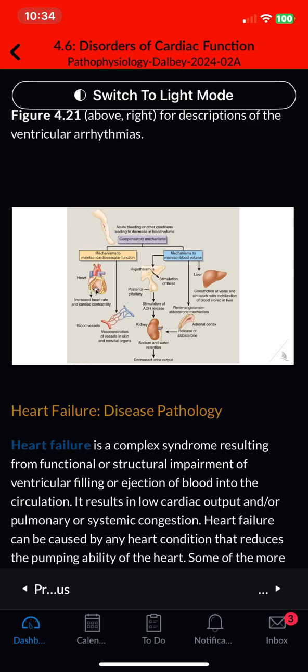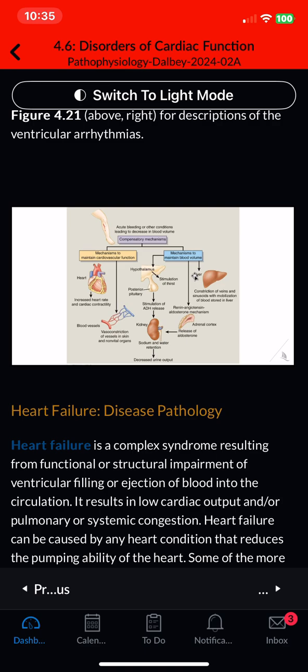So the mechanisms that the cardiovascular system can use, it can increase heart rate and cardiac contractility to try to maintain cardiac output. And we can see vasoconstriction to try to increase the blood pressure. Now, think about it. An increase in blood pressure and cardiac output is going to push blood to, for instance, like this wound, and we can see more bleeding.